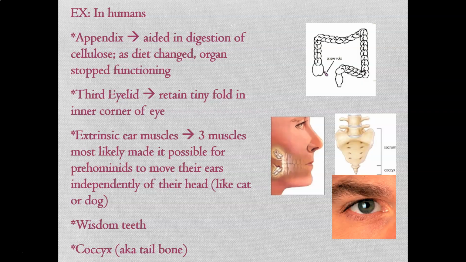Some of us have them, some of us don't. Most of us get them removed because they're not vital to survival given our current diets. Your tailbone, also a vestigial structure, all right, holdover from ancestors that used to have tails. We no longer do. It's no longer a vital reproductive success necessary trait, but we still have that tailbone as a result.